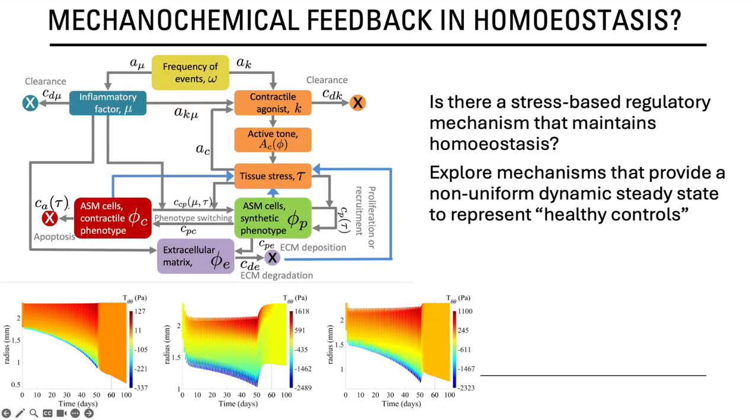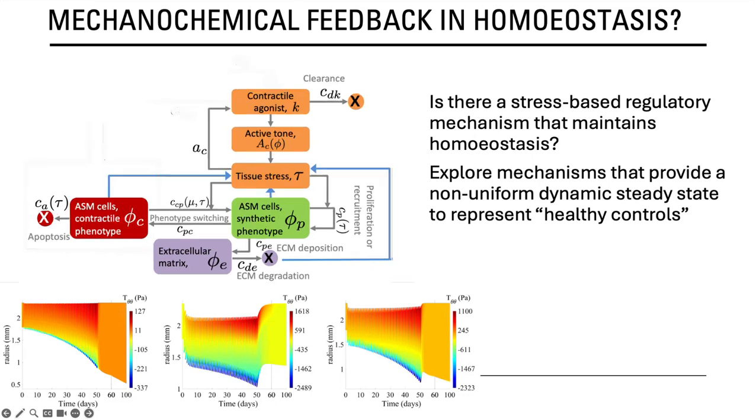Well, you could get thickening even if you don't challenge, depending on the parameters that you're at, if the steady state is unstable. So what we really wanted to do was identify steady states that were homeostatic in the sense that you also don't get thickening, the velocity of the inner wall remains 0. To do that, we said, let's forget about inflammation and forget about exogenous contractile agonist.